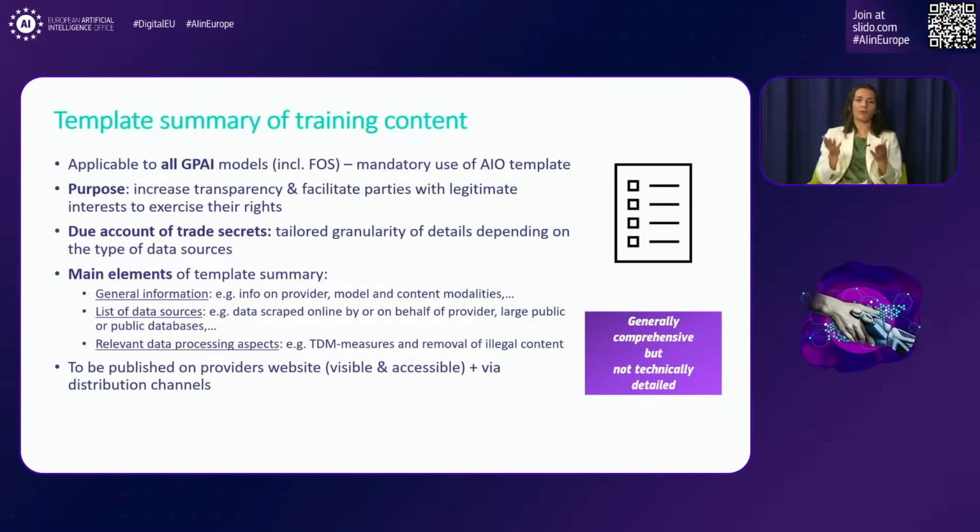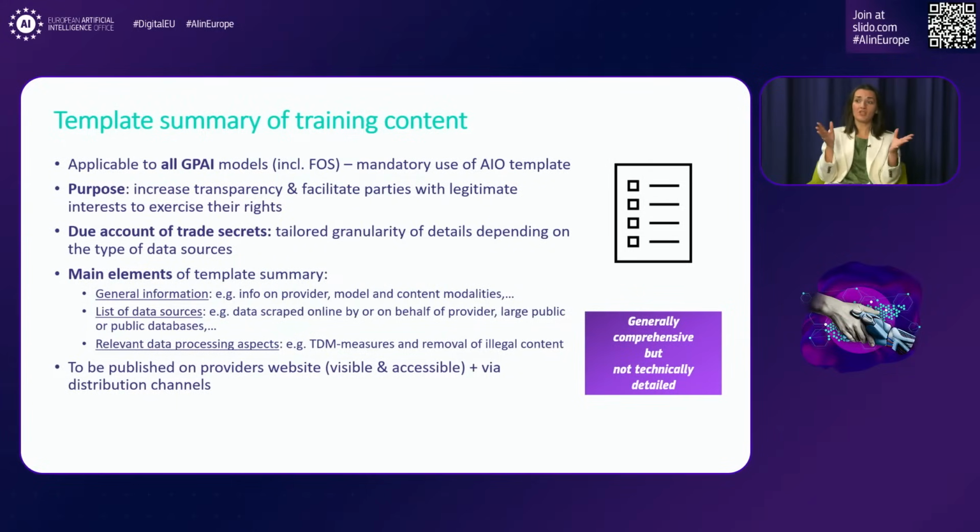So based on multiple consultations we have organized already over the summer to get input, but then also later on with proposing a first proposal that was also discussed in the context of the Code of Practice with all participants, there are more than 1,000, and obtaining further input, we've tried to really carefully tailor the exact content of what information providers should disclose in order to effectively achieve objectives of the transparency, but also take due account of the trade secrets and ensure this tailored disclosure and granularity of the information that we have tried to follow with 3 distinct sections in the template.